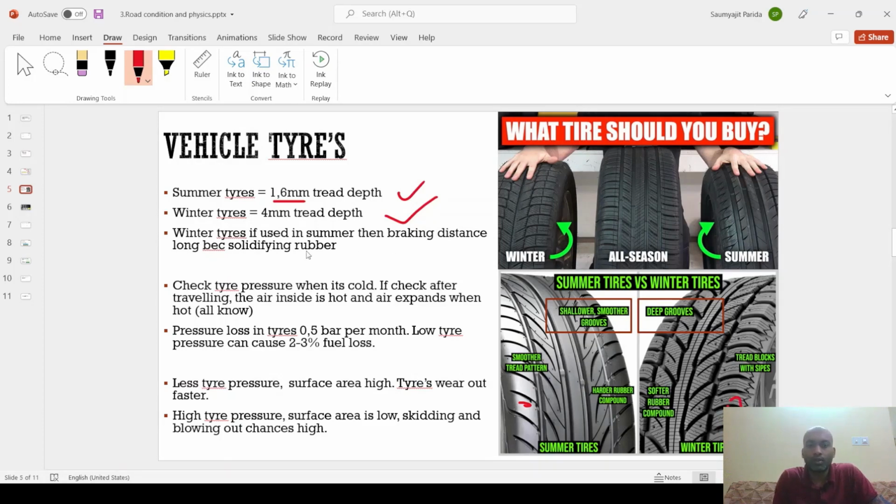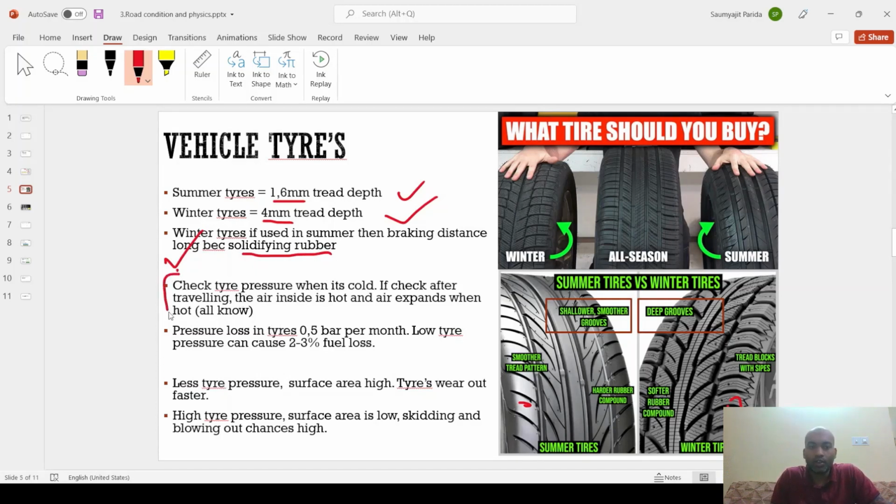So this is what I meant by tread depth: 1.6 mm for summer tires and 4 mm for winter tires. An insight is that if winter tires are used in summer, the braking distance is longer, because the rubber softens, and this causes skidding, so the braking distance is more.